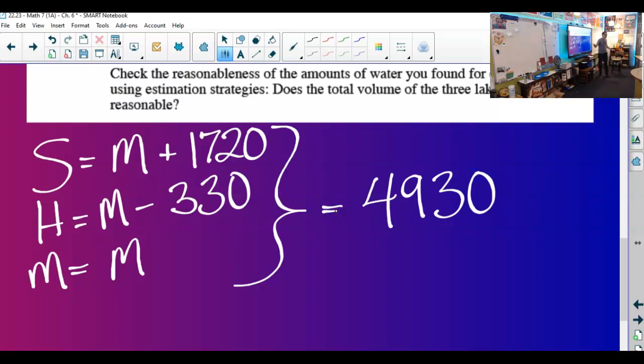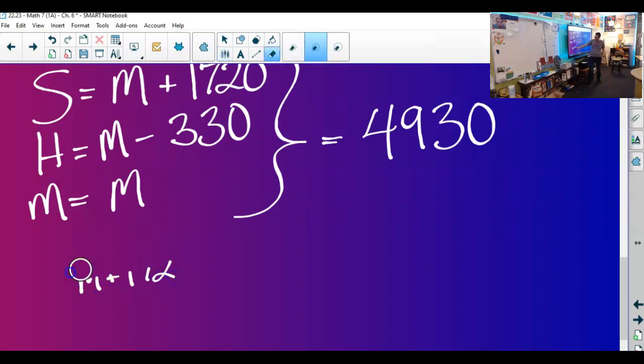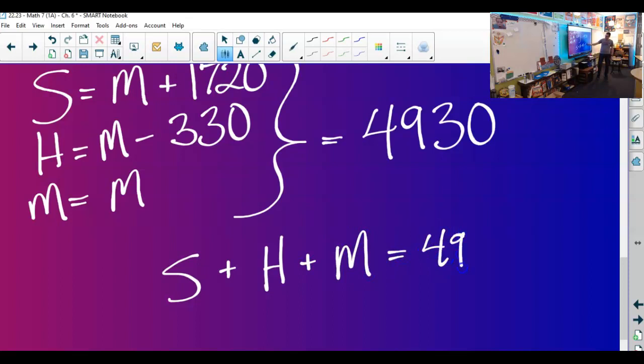Now, we actually need to do that addition, though. Right? So I'm going to add up M plus 1720. Actually, guys, I'm going to write all my work here. So what we're doing is saying S plus H plus M equals 4930. But do we have something we can replace S with? The M plus 1720.